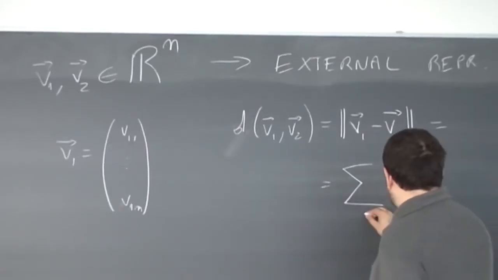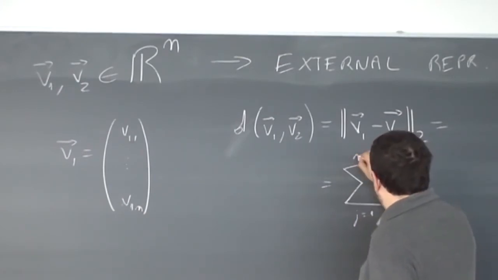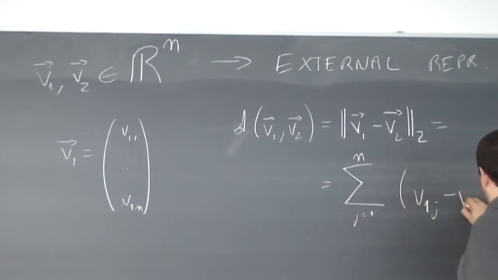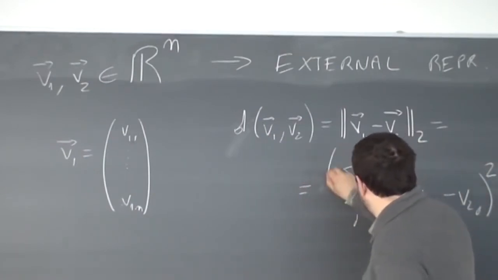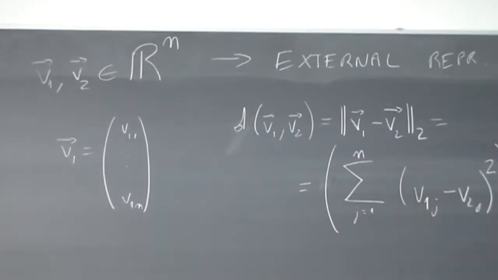You take the sum of the squares of the difference of each corresponding component, and just to be sure, you take the square root of it.